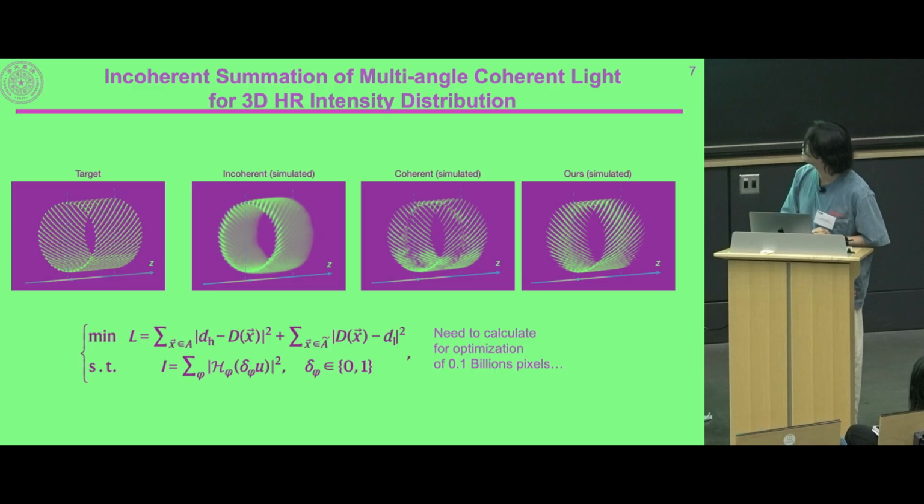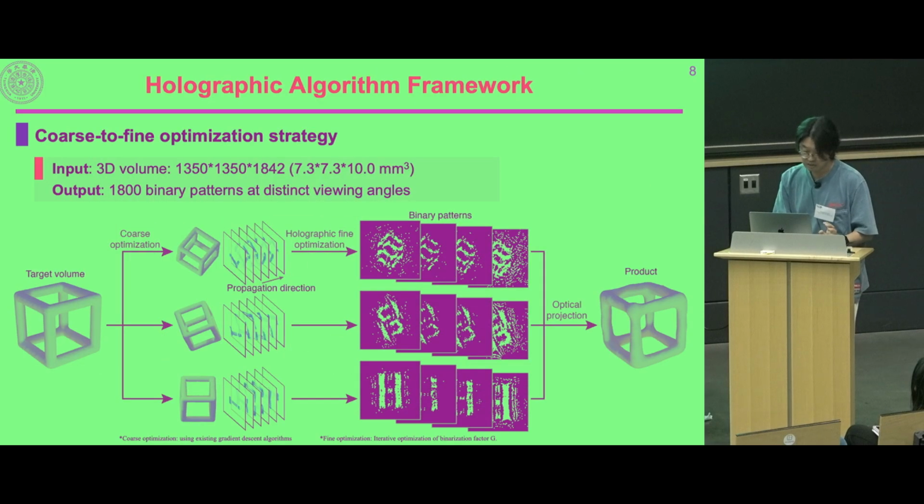But the problem is that integrating coherent light into incoherent integration requires a lot of optimization. It was a problem because we had to calculate 0.1 billion pixels for each printing. So we changed the algorithm.